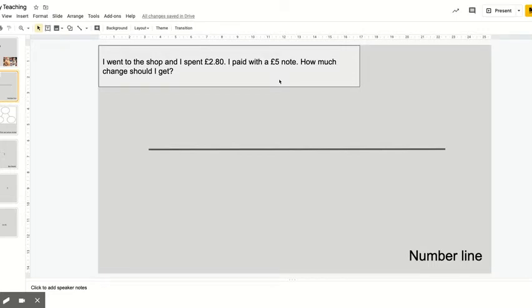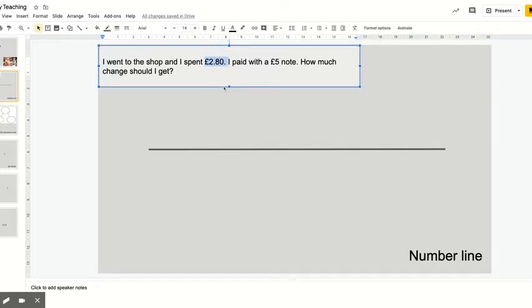I could estimate by using my rounding skills to find out about how much change I should be getting back, but it won't be very accurate. I could round the £2.80 up to £3 and then do £5 take away £3 should be £2, so I should be getting close to £2 change.